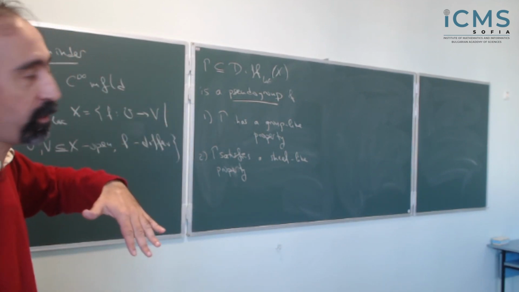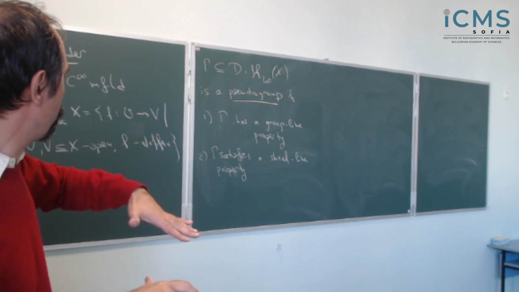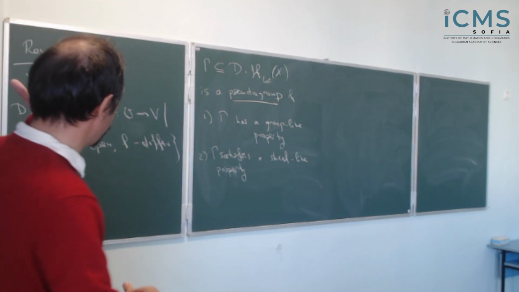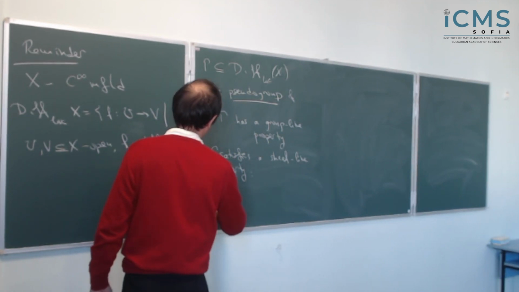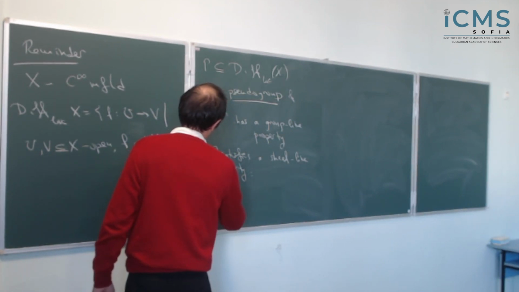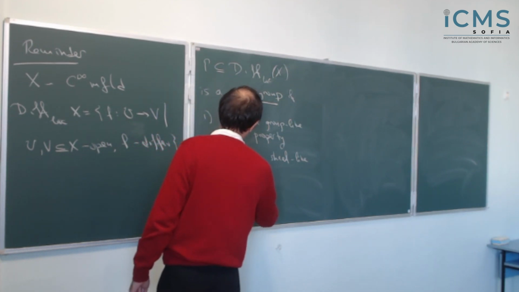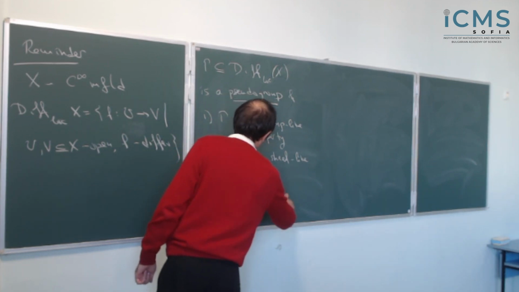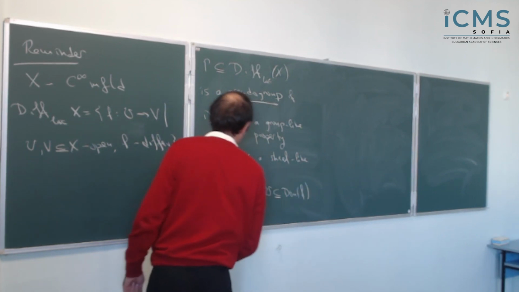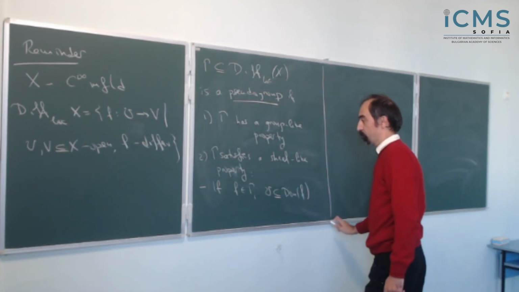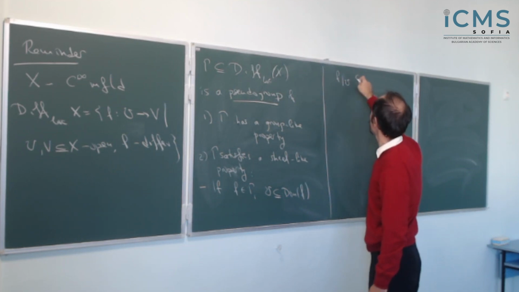You want to be able to restrict, and if you have a collection of these sections, let me spell this out. So if you have whatever f is in gamma, and you have an open set inside the domain, the restriction is again in gamma.